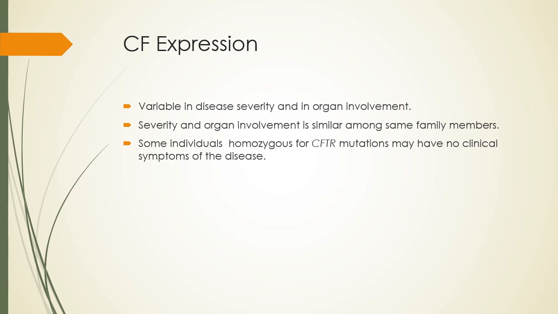And so familial history or familial genetic makeup plays some role. For instance, some families will have more severe pancreatic problems, while others will have severe lung and respiratory problems.